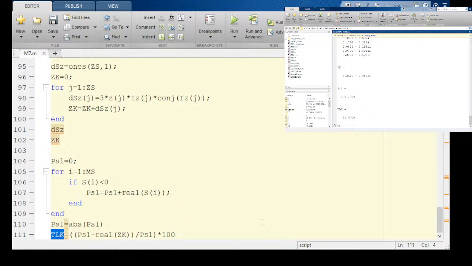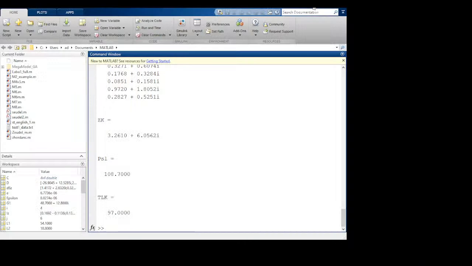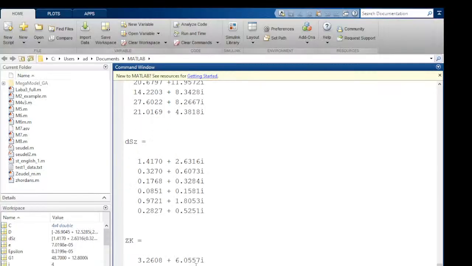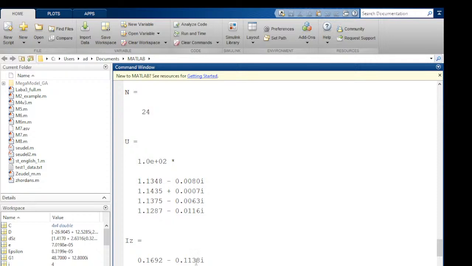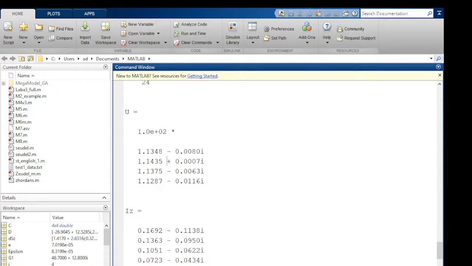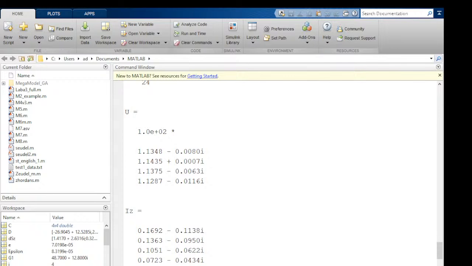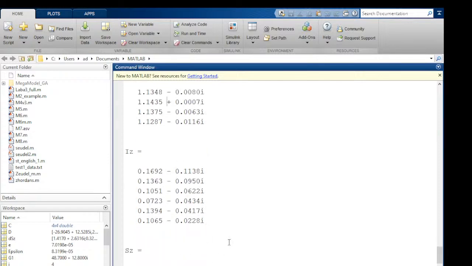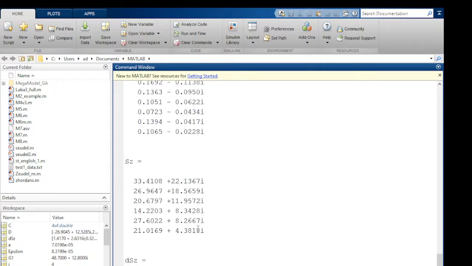So let's run it and see what happens. I should switch. Yeah. Let's take a look from the beginning. Okay, here are the voltages. Next, branch currents. Voltages are in kilovolts, branch currents in kiloamps.